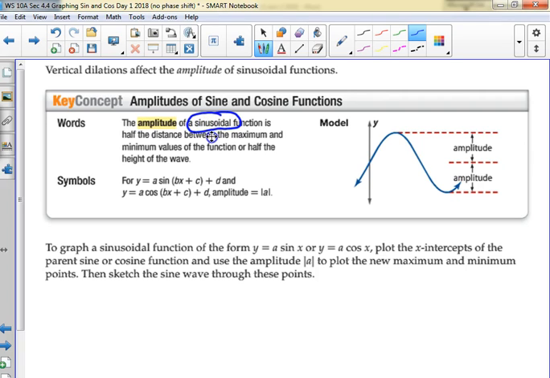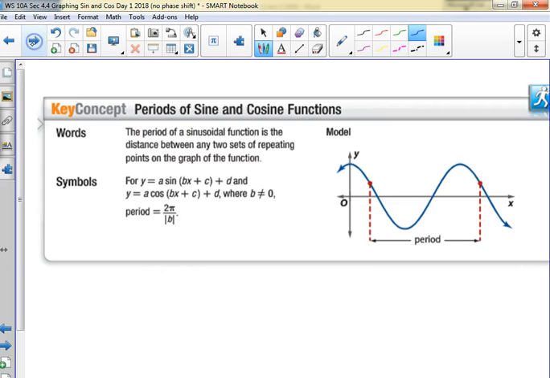So the amplitude is simply half the distance between the max and the min. That's what I wrote down earlier, right? All right. So it's how far above and below the midline it goes. The period is the distance between any two sets of repeating points.